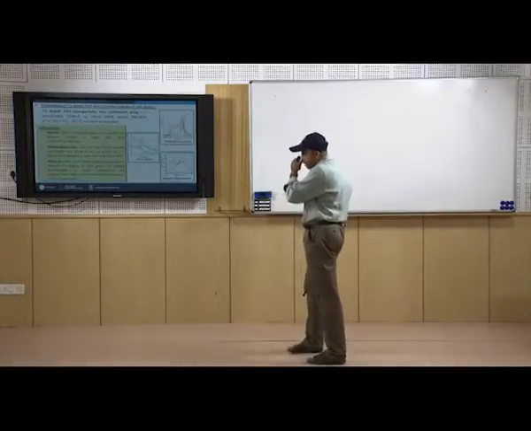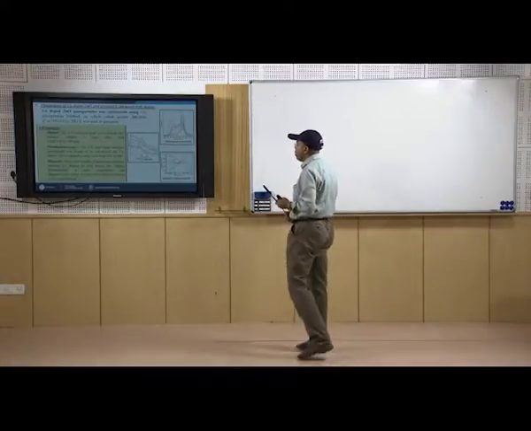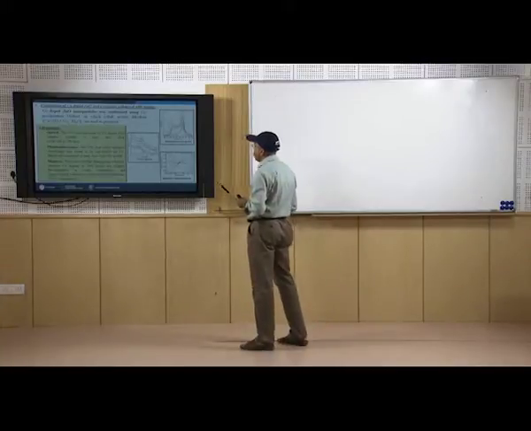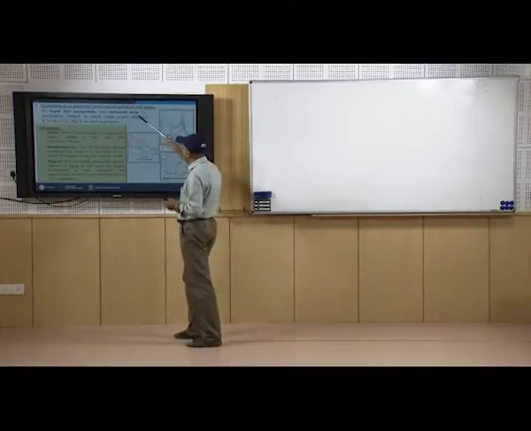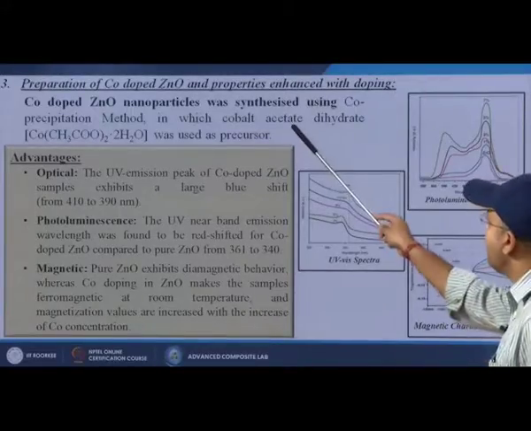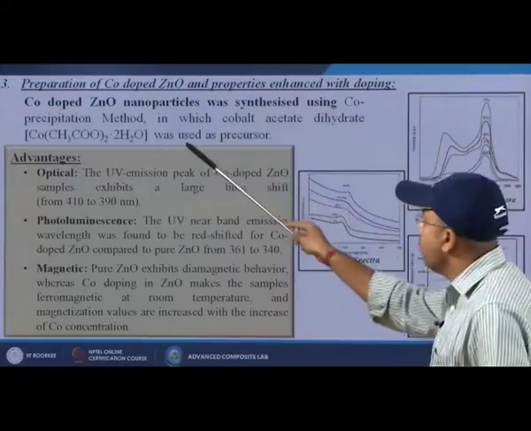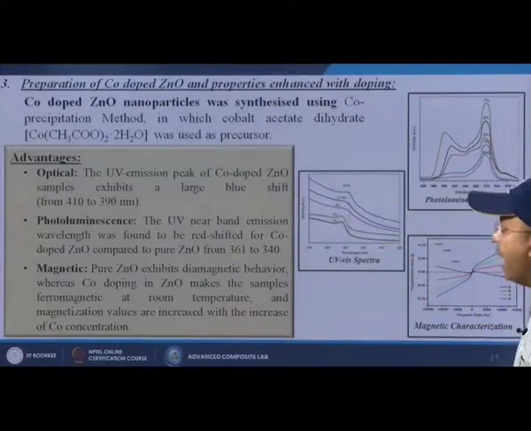Then here we have given another example: preparation of cobalt doped zinc oxide and properties enhanced with the doping. Cobalt doped zinc oxide nanoparticles were synthesized using the co-precipitation method, in which cobalt acetate dihydrate was used as the precursor, which gives you the cobalt atom at that particular point.